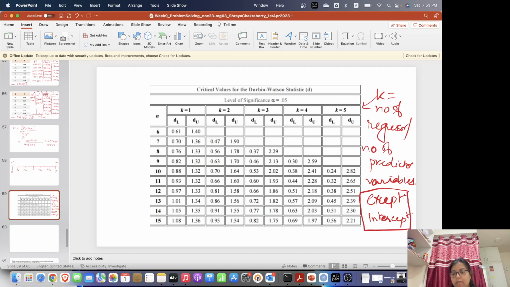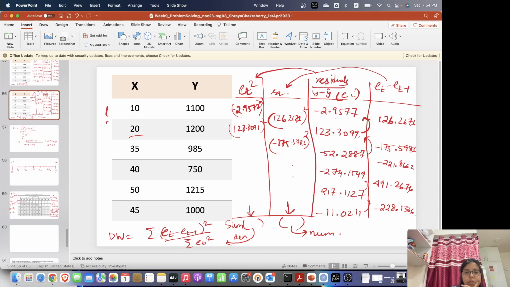Here we have x and y, so we have only one predictor. The OLS model that we fit was beta naught plus beta 1 x plus epsilon. So here k will be equal to 1 because we are not including the intercept. Is it fine? And n is the sample size. So here n we have 6. We took 6 observations.